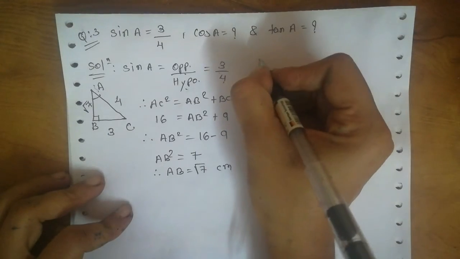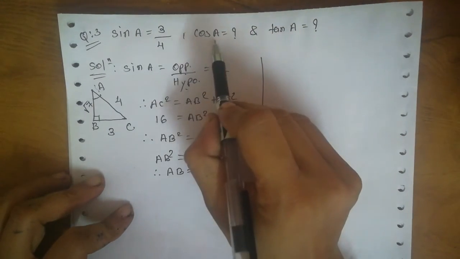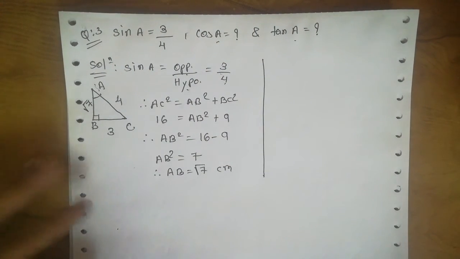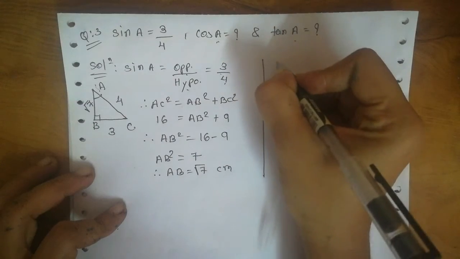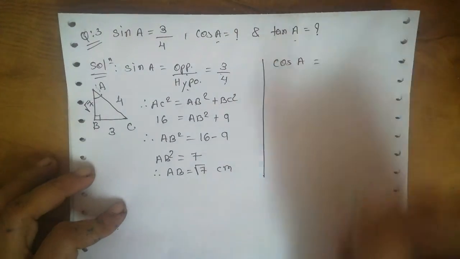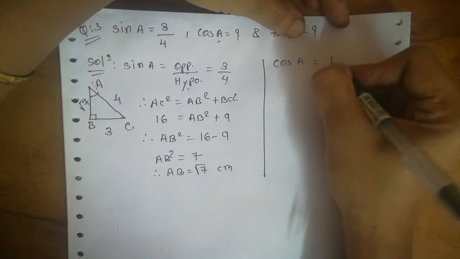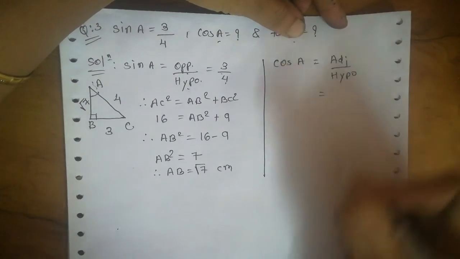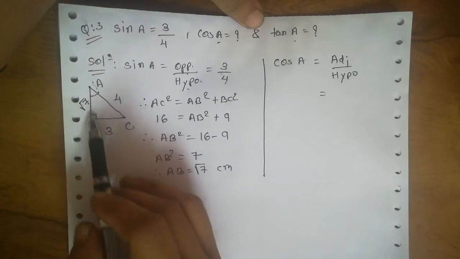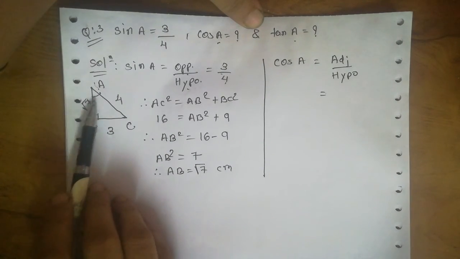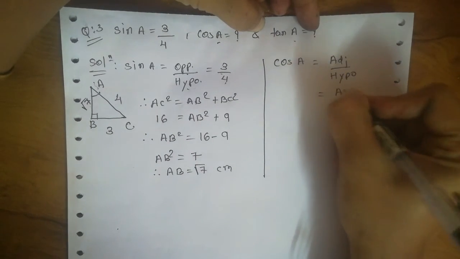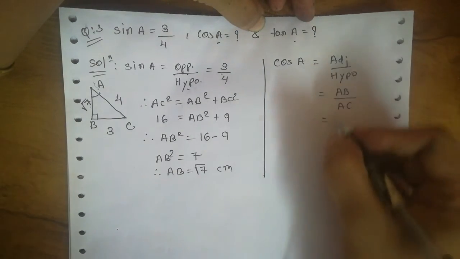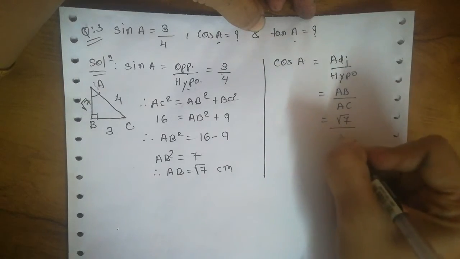Now both the angles are at angle A. We need to find the values for cos A itself and tan A. So just write down the cos A formula, which is adjacent by hypotenuse. From the figure, for the angle A, the adjacent side is AB and the hypotenuse is AC. So this is the AB value, root 7 by 4.